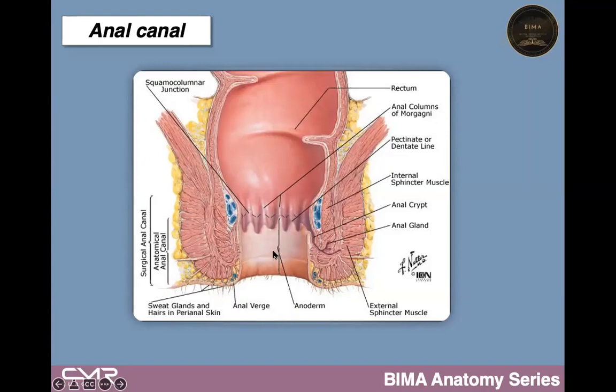You can see, or you can't see very clearly, that this is the external sphincter muscle here, and then you have the internal sphincter, and the external sphincter is fusing or binding onto the internal sphincter as well. I think this provides a bit more reinforcement and stronger muscle contraction, especially in terms of fecal incontinence.